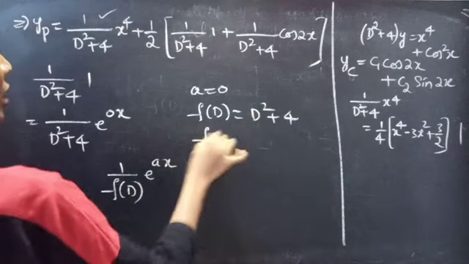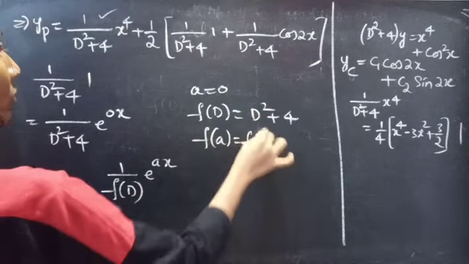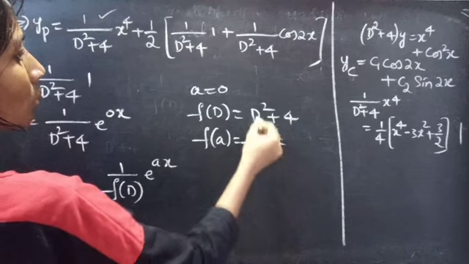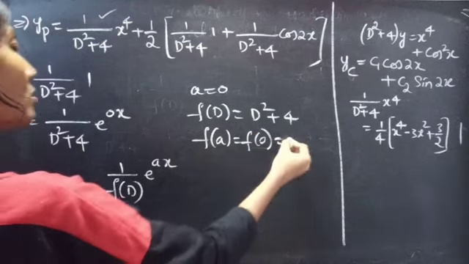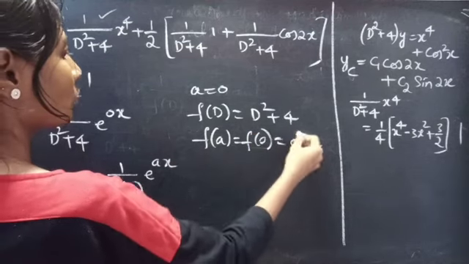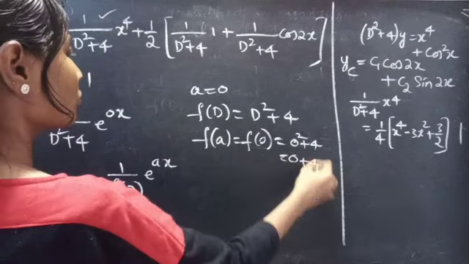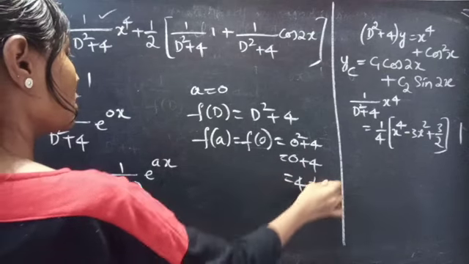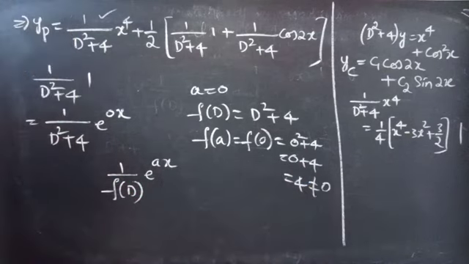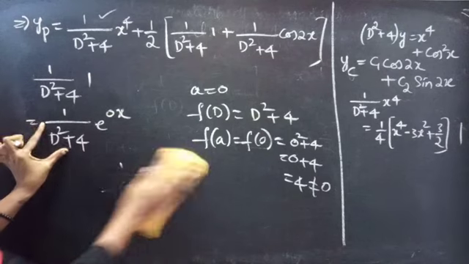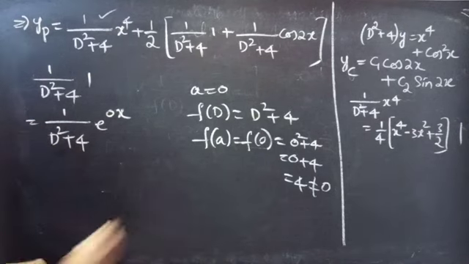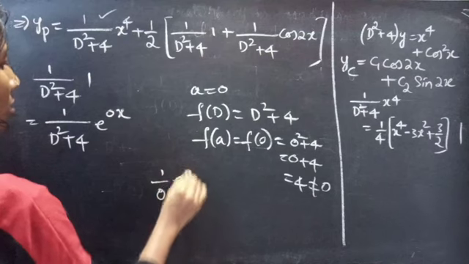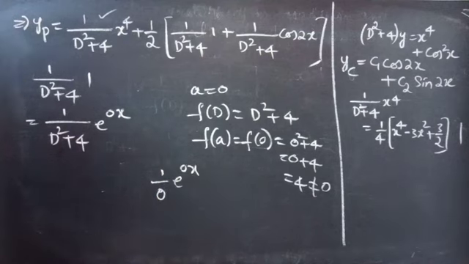Now let's find f of a, which is f of 0. Just replace D by 0, we'll get 0 square plus 4, which is 0 plus 4, which is 4, not equal to 0. Always remember that the denominator must be non-zero. If we get the denominator 0, we'll get something like 1 by 0 into e power 0x.